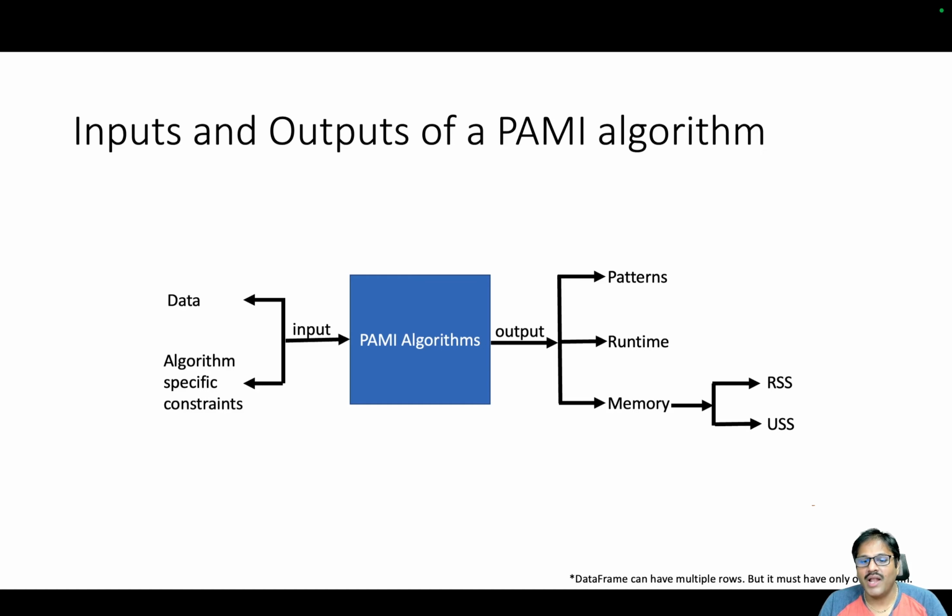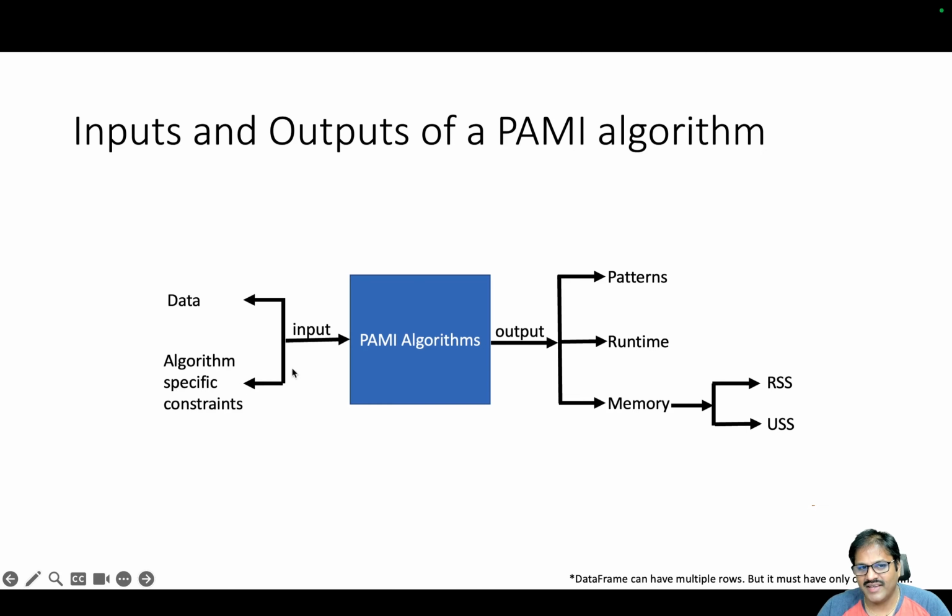So the overall structure of a PAMI algorithm is as follows. For every algorithm in the PAMI library, we have input and we have outputs. Input is generally the data and the algorithm specific constraints.